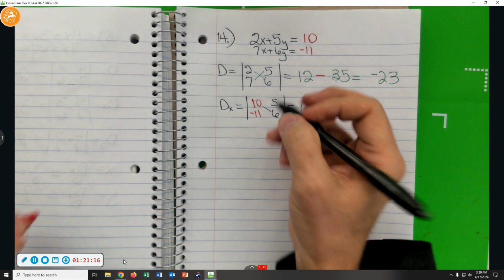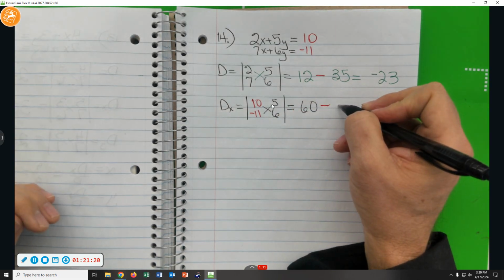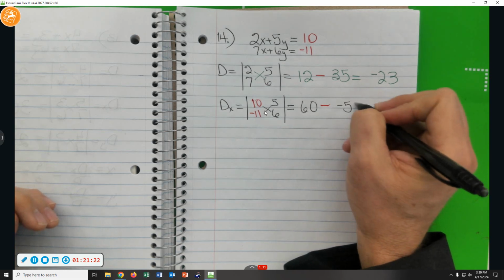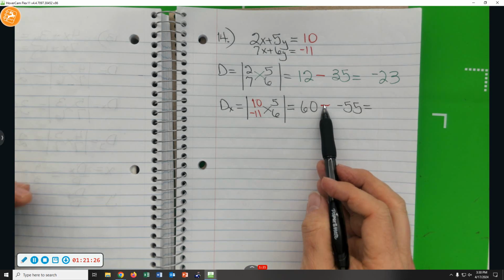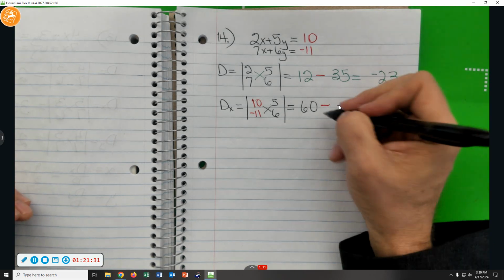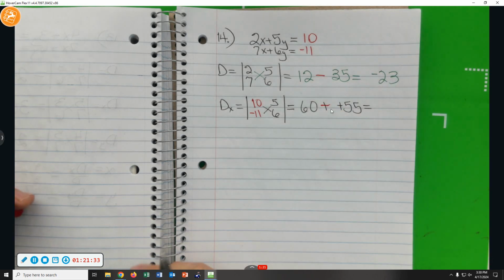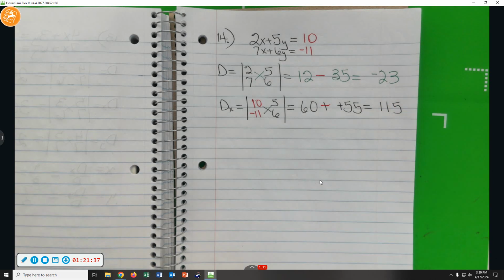Finally, multiply. Negative 55. Remember, you have that negative from the formula. That second cross product is negative, so that's going to become a positive. Is that a 115?